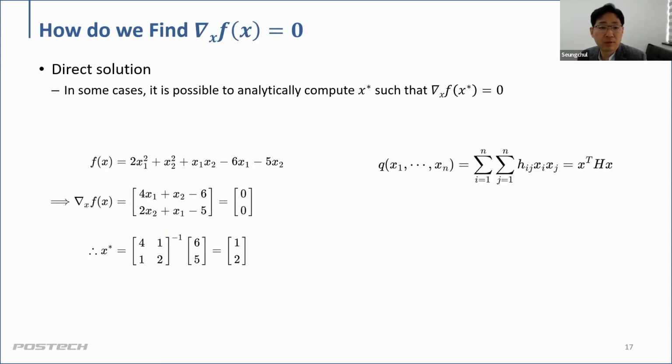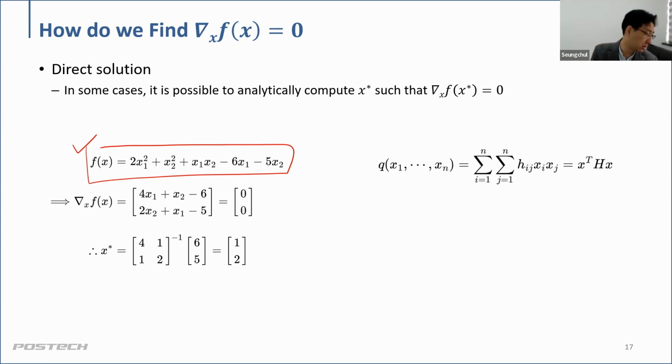Let's take this example to see how to compute them. Let's consider this problem. Let me ask, how many decision variables do we have in this case?